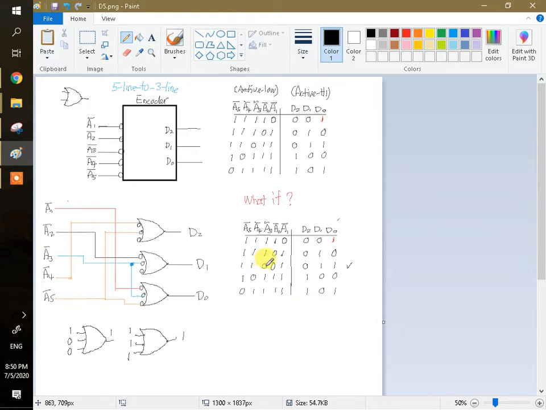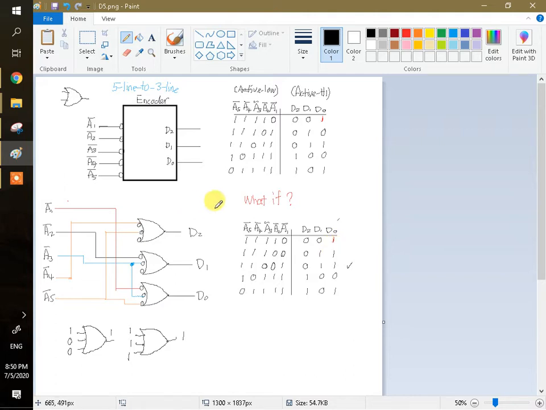Then how about the second row? If we receive 2 inputs here, this input will get this output, so this one becomes 1.